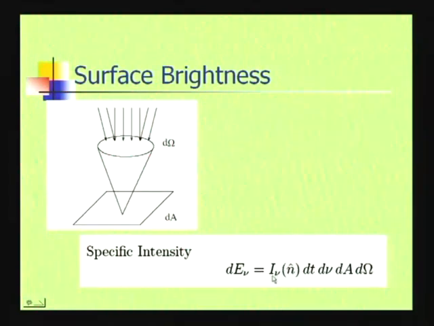The specific intensity is what quantifies the brightness, surface because it is per solid angle. So, it is essentially the specific flux per solid angle. This is what we use to quantify the brightness.